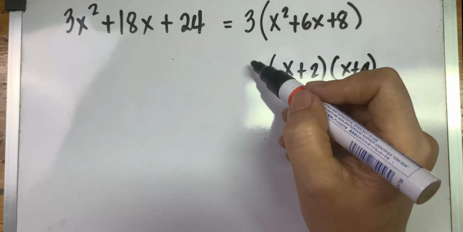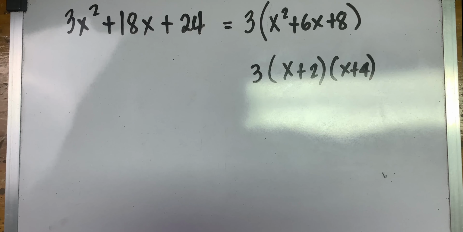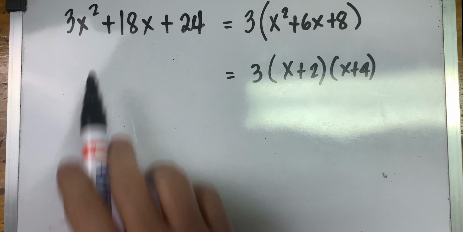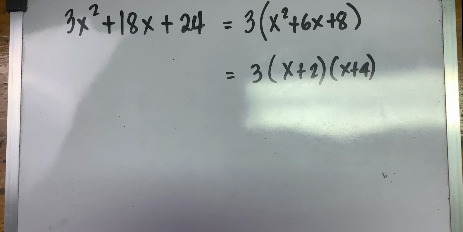But, huwag natin kalilimutan yung 3. Okay? So, this will be our final answer or the factors itong example na to. So, wag natin kalilimutan na hanapin muna natin yung common monomial factor kung meron. Kung wala naman, just proceed dun sa ating factoring.